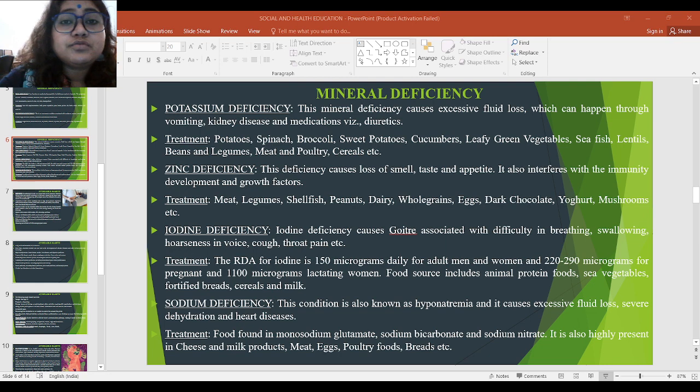There will be cardiovascular diseases and also kidney problems. So these two salt ions are highly important for proper rehydration, as well as for the proper coordination and functioning of the vital organs of our body.